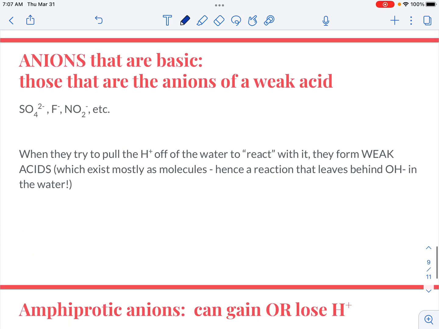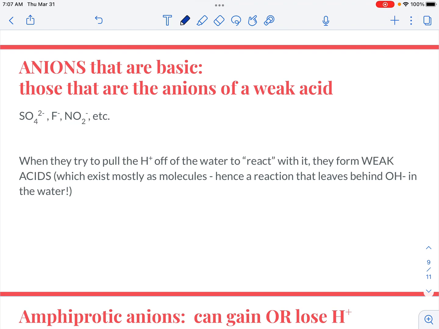All right, finally, we need to talk about some anions. And anions are typically either neutral or basic. So the anions that are basic are those that are the conjugate bases of weak acids. And so you should already be recognizing these. Again, this is the Bronsted-Lowry base, right? That's the anion.